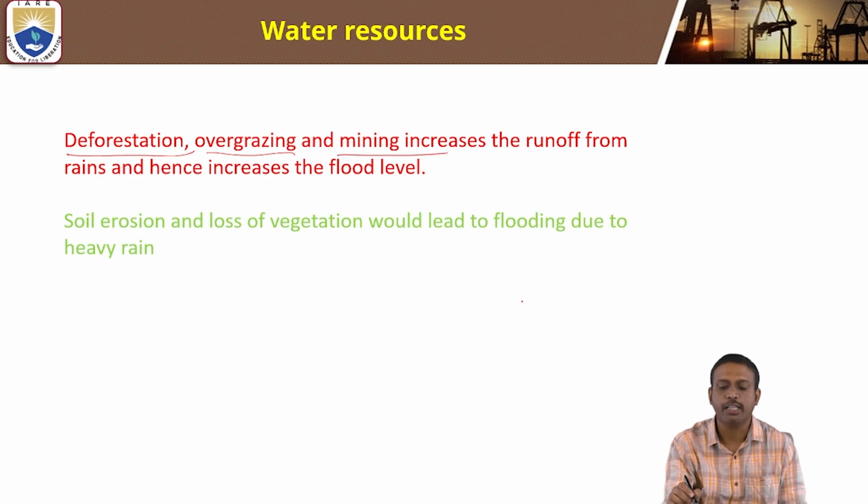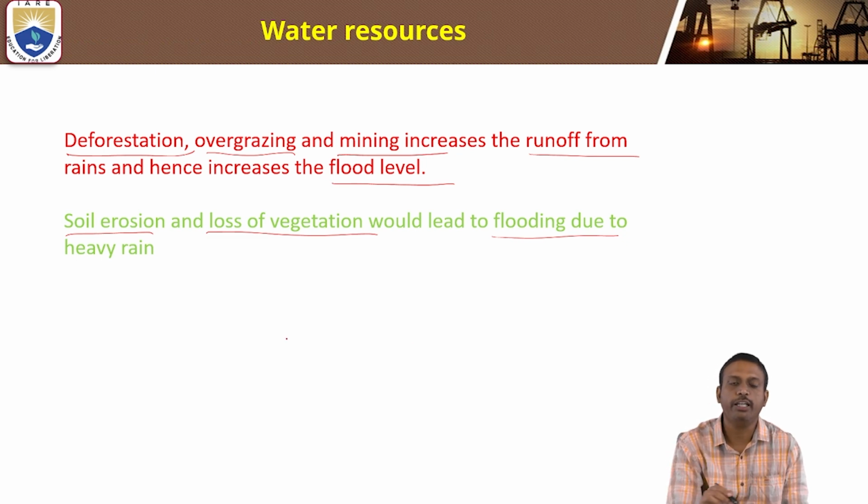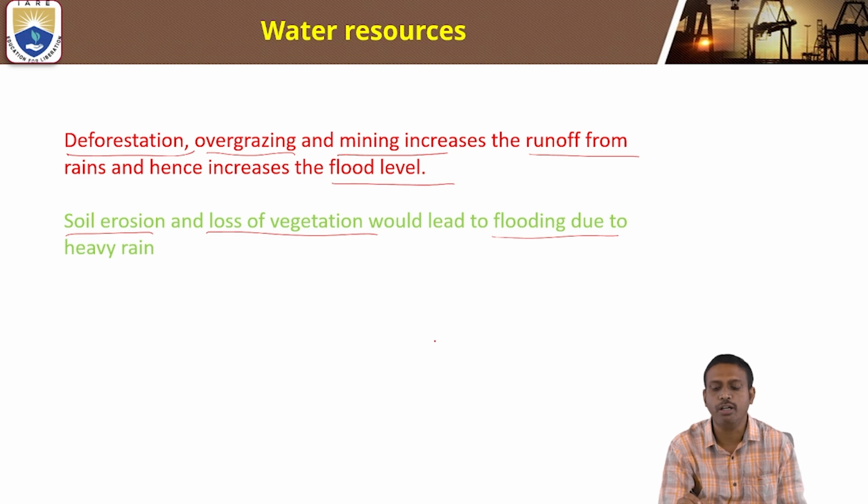Mining increases surface runoff from the rains, and hence increases the flood level. Soil erosion and loss of vegetation lead to flooding due to heavy rain.